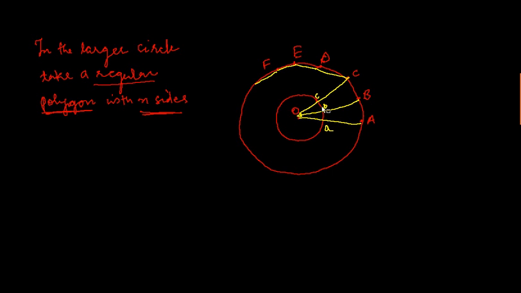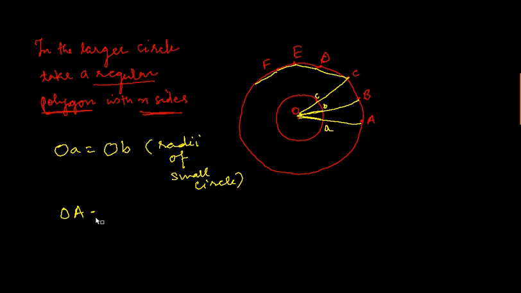Since OA is equal to OB and capital OA is equal to capital OB: you have OA equal to OB because these are the radii of the small circle, and capital OA is equal to capital OB because these are radii of the larger circle.